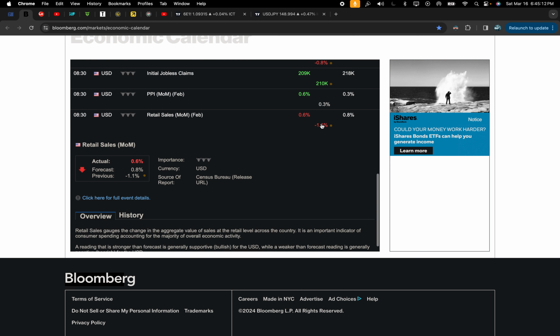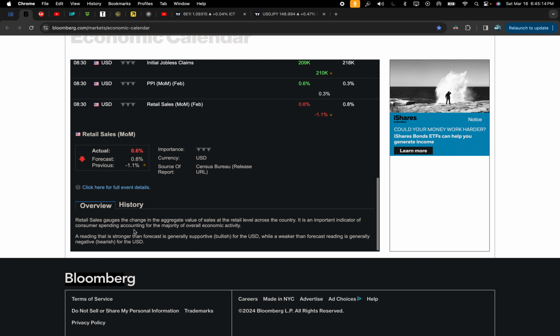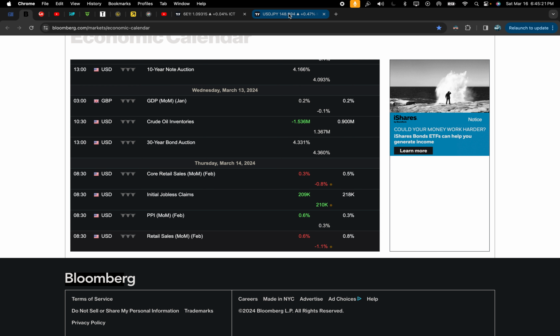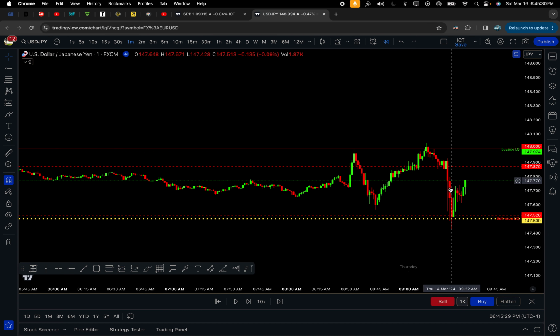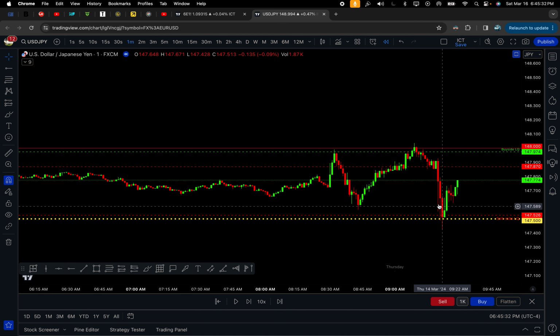Retail sales, this was higher, stronger. So 4 pieces of news that are supposedly bullish for the dollar. Okay, so then we look at what happens. USD JPY. If all this news is bullish for the dollar, then USD JPY should go up, right? So what happens at 8:30?